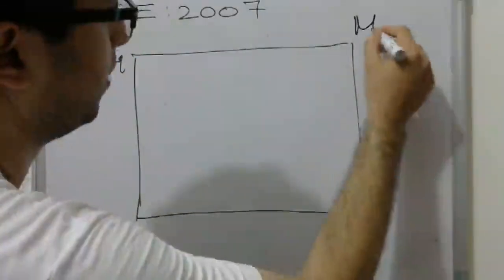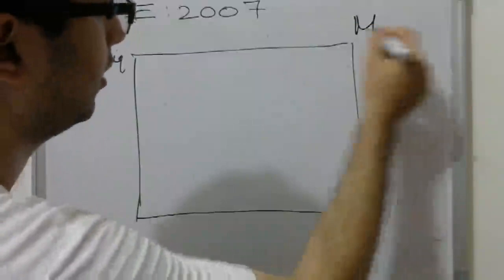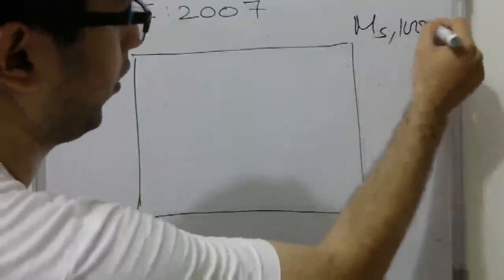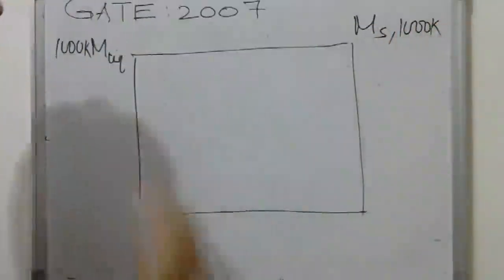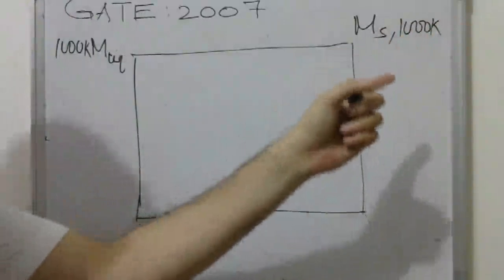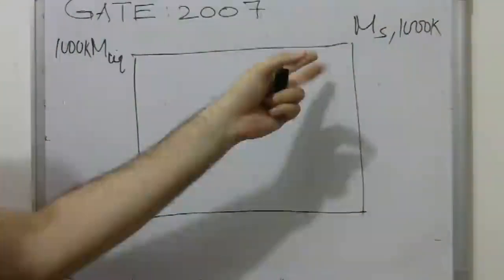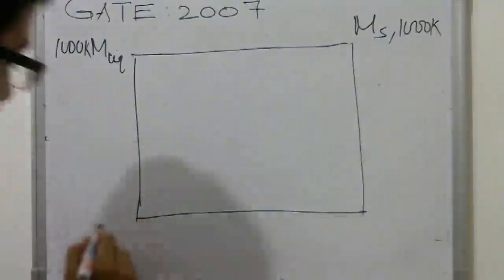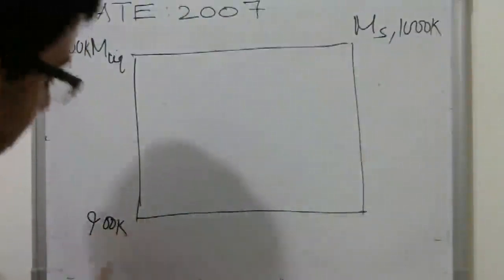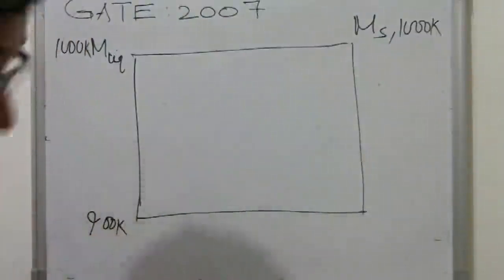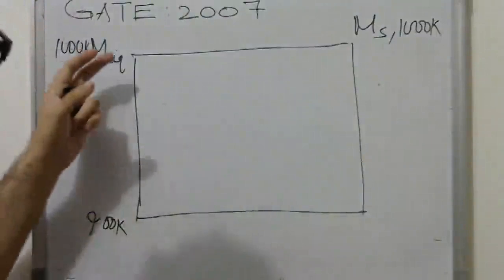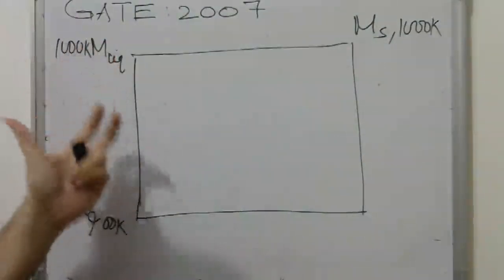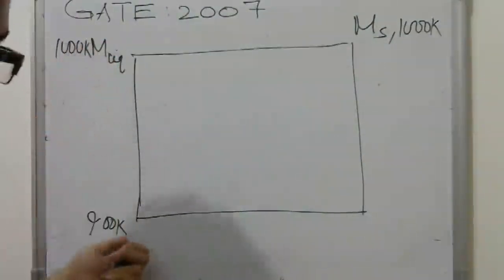Here is your metal M at solid state at 1000 K. So at 1000 K, liquid is in equilibrium with the solid. Now there is a temperature 900 K. By some process you have supercooled or undercooled the liquid, and you still have this liquid at 900 K.